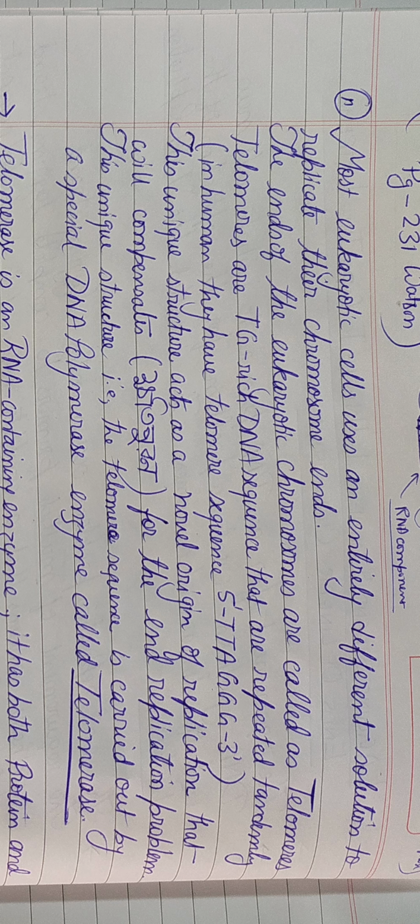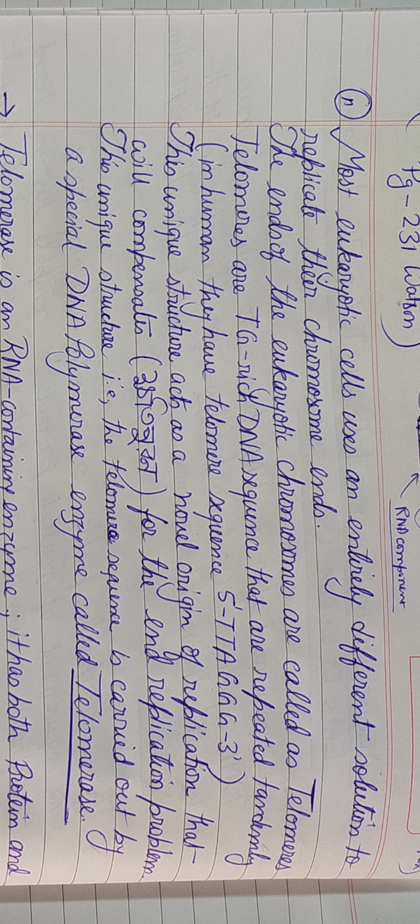The ends of the eukaryotic chromosomes are called telomeres. Telomeres are actually TG rich DNA sequences that are replicated tandemly, meaning repeatedly, one after another.